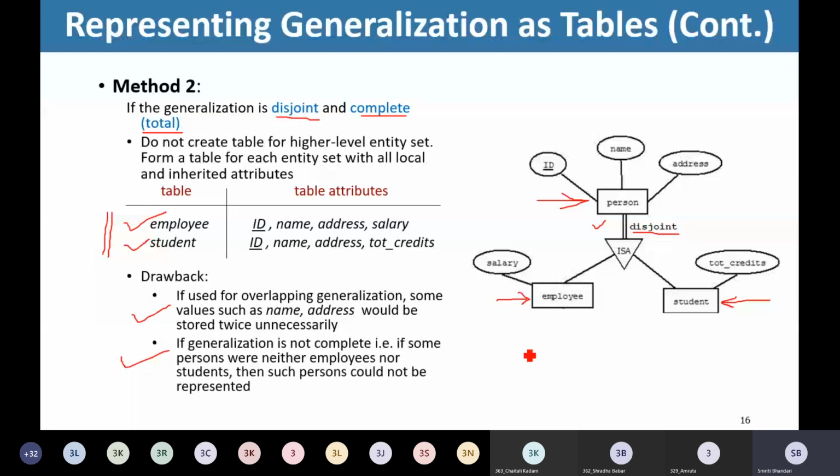In both situations, if I go with such a design, I may face a problem. That is why we mentioned that if the generalization is disjoint and complete, then we should go with such a representation of tables.